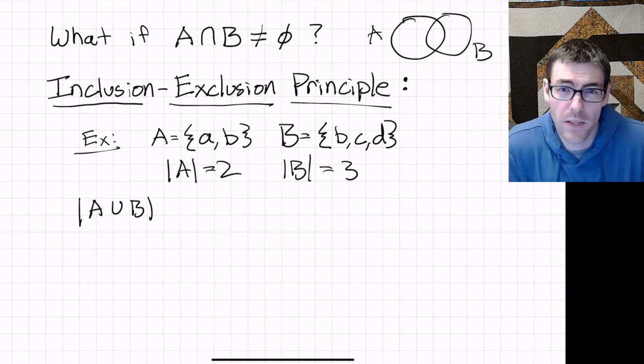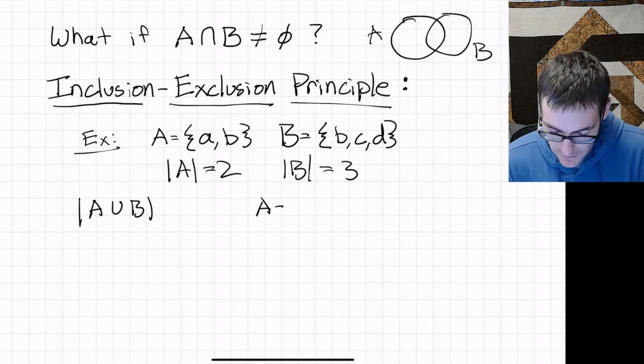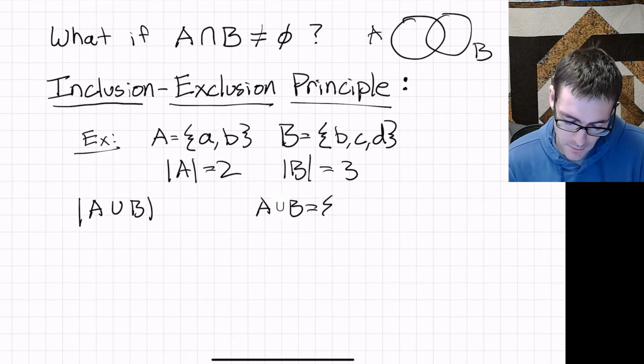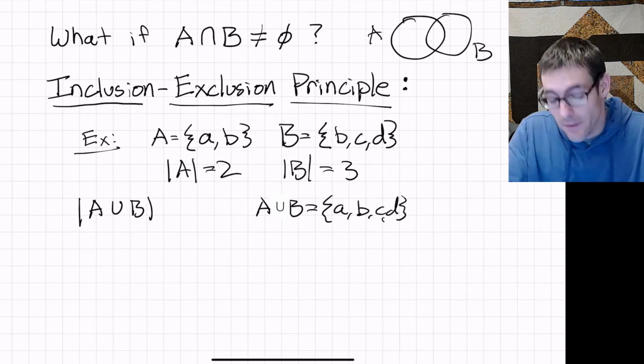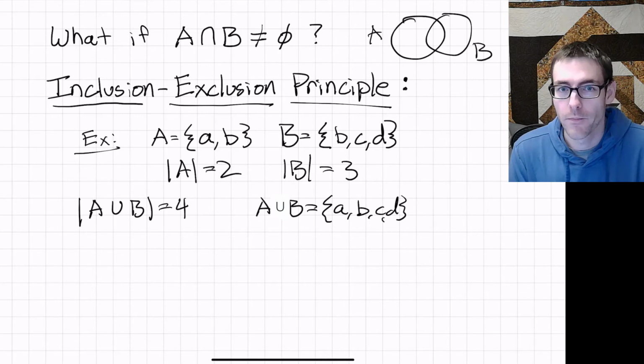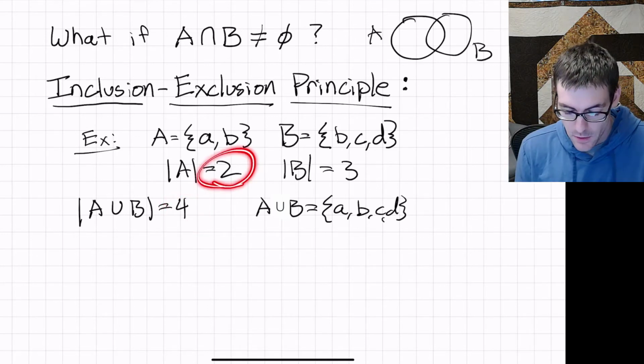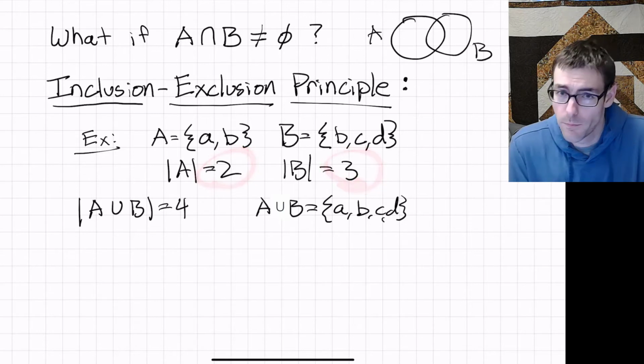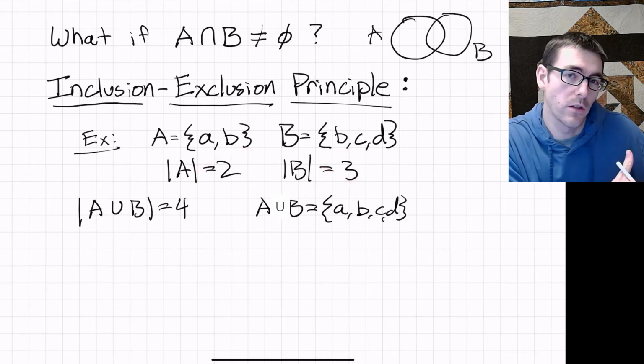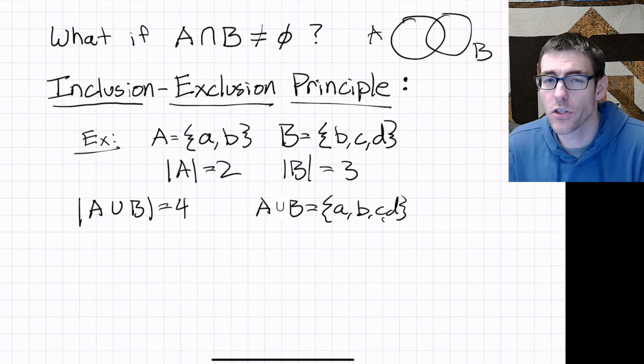Well, this one we can just answer by listing out the things that are in A union B. That's going to be a, b, c, d. And we can see that there are 4 things in this. Notice that 4 is not the same thing as 2 plus 3, which was the equation we used in the previous question. So what's changed in this example?